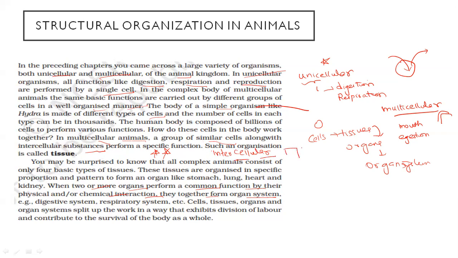In between cells is what intercellular means, okay, and intracellular means within the cell. All right. So you might get a question like, in multicellular organisms, a group of similar cells along with intracellular substances perform a specific function. That statement is false, because a group of similar cells along with only intercellular substances is called a tissue. Okay.